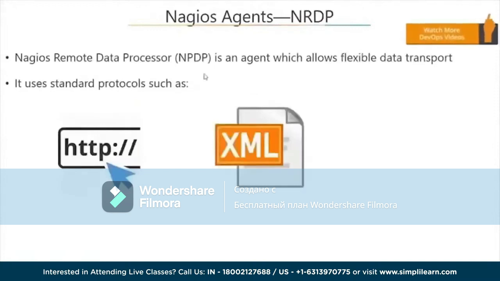The Nagios Remote Data Processor is an agent that allows flexible data transports, and it uses HTTP and XML protocols to do that. We're talking about essentially your databases and data server usage.